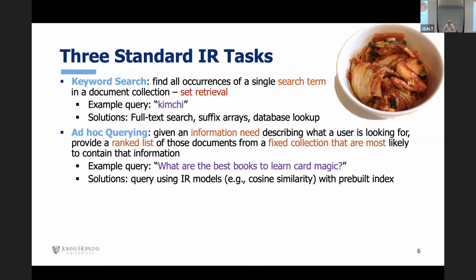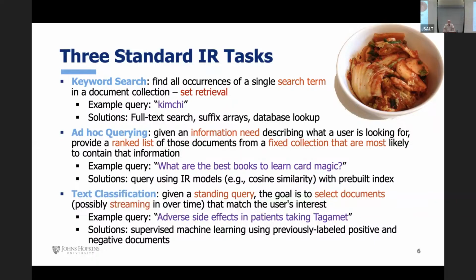There are neural systems now that are performing better, but they're still inefficient. And one of the things about information retrieval is that efficiency has always been a big component of the study in the field, because we're dealing with very large amounts of data, and systems have to have reasonable response time. So information retrieval has always been, I think, more concerned with efficiency than other human language technologies.